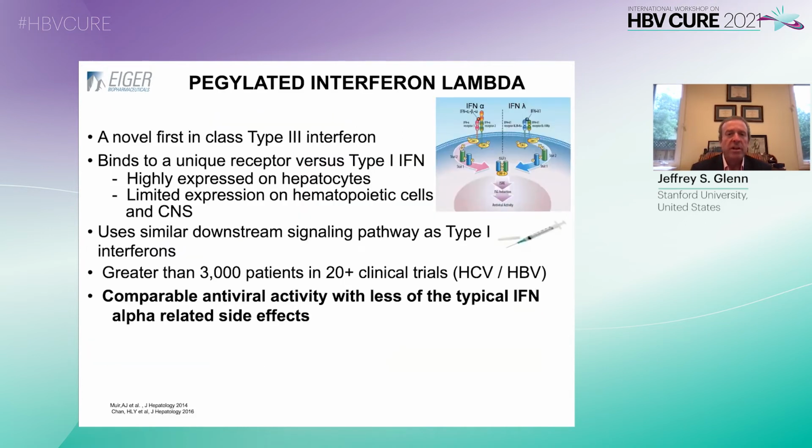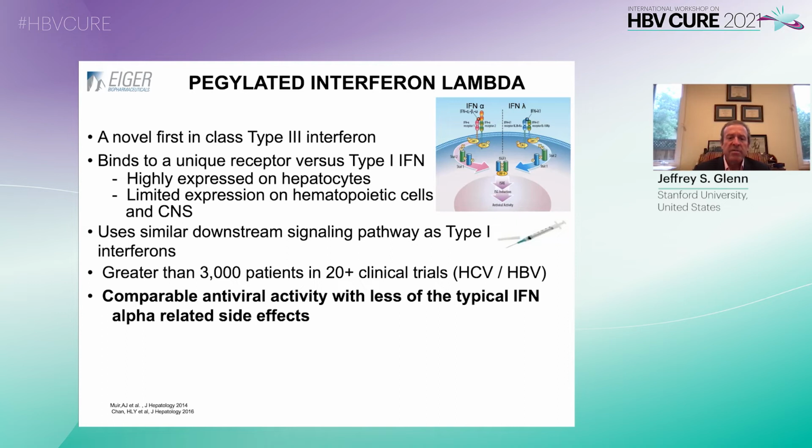So that's Lonafarnib. Now, pegylated interferon lambda is a type 3 interferon, different, importantly, from type 1 interferons like interferon alpha. They both have pretty much the same post-receptor antiviral signaling. However, interferon lambda is much better tolerated because, as we'll see in a moment, its receptors are much less widely distributed in the body.